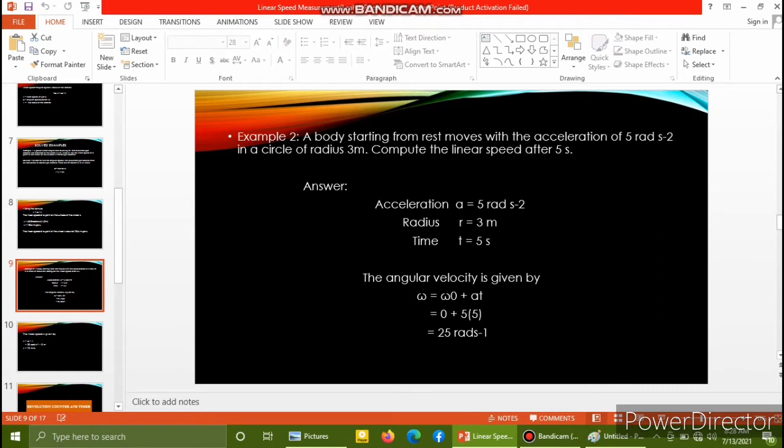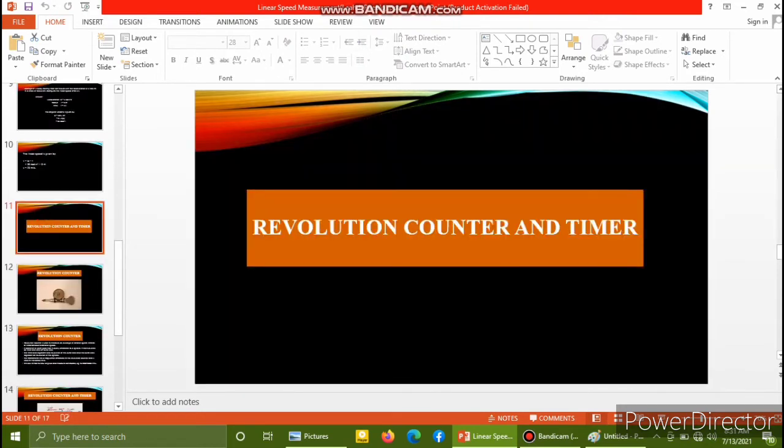So our next topic is the revolution counter and timer. What is a revolution counter and timer? But before we tackle that, I will show you a picture of a mechanical tachometer, which is used to measure the revolutions, using a revolution counter and timer.